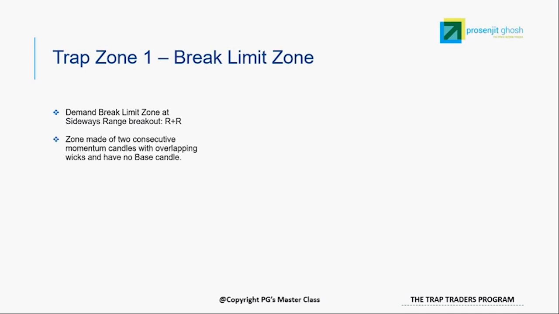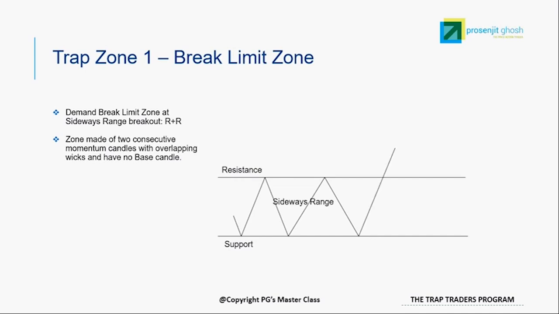Okay. So, a zone made of 2 consecutive momentum candles with overlapping wicks and no base candle. So how does it happen? This is the same thing. There is a sideways move, and then the breakout happens, the engulf happens. I know demand exceeds supply, and I am going to trade this area, right?